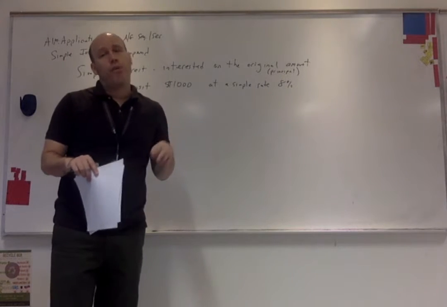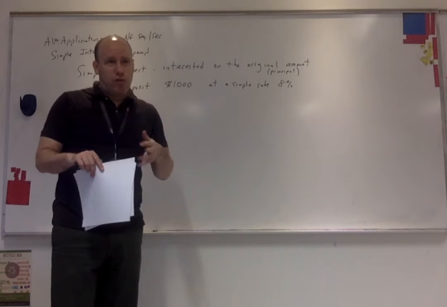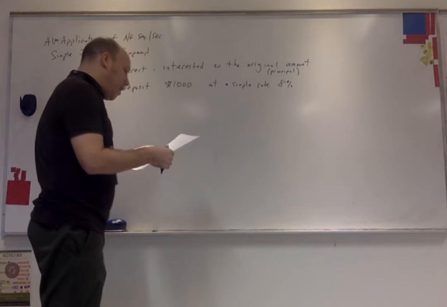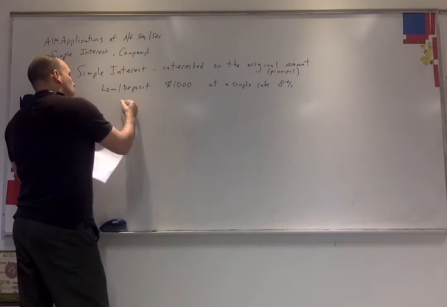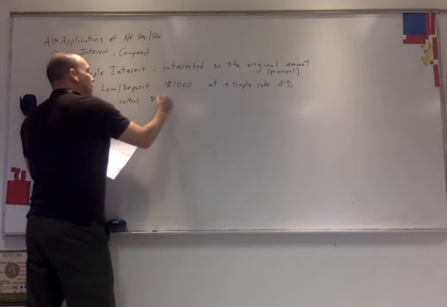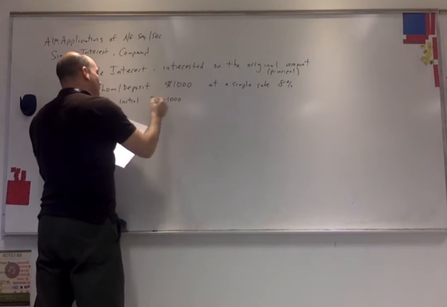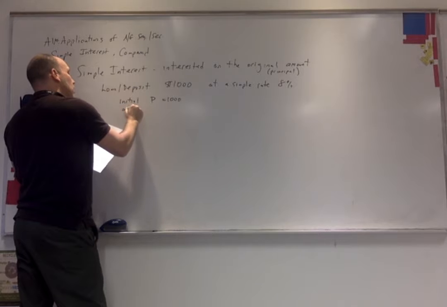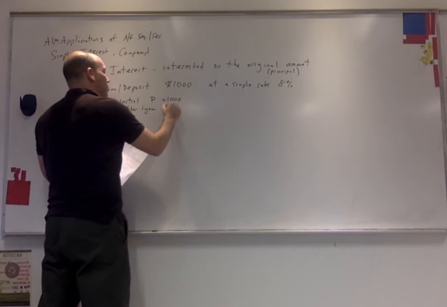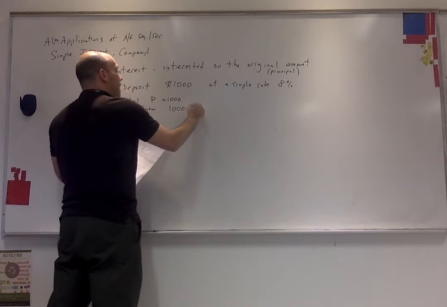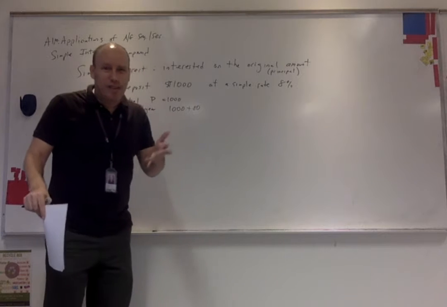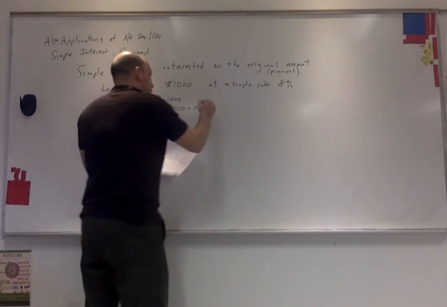We're going to start off with an interest period of 1 year per annum, right? The initial amount, which we're going to call P, is 1,000, and then after 1 year, you get 1,000 plus 80, or your loan is increased to 1,080.